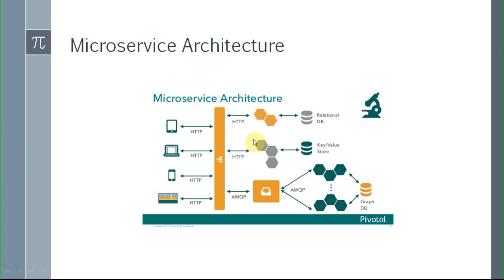In this slide, each hexagon represents a service, and as you see, each service is also redundant. For example, you have two orange services that basically are one service, for example, the order service.